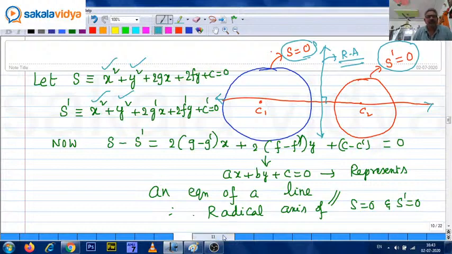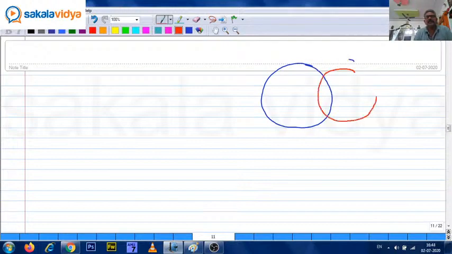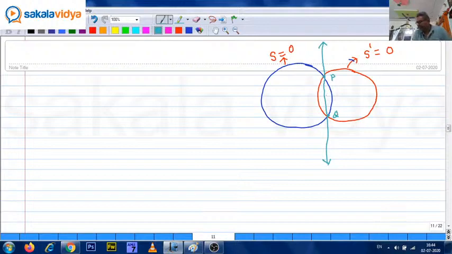So that means now, different cases. For example, this is the first circle, this is the second circle. The first circle cuts the second circle. Say this is S equals 0. This equation is S dash equals 0. Now through the points of intersection we can join a straight line like this. Say this is point P, say point Q. This PQ is known as the common chord.